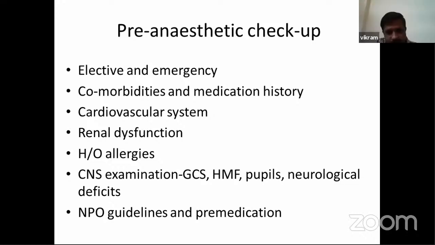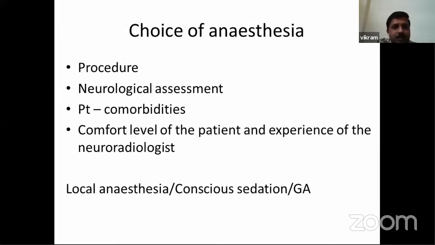For elective cases, follow the standard guidelines for premedication like any other cases; you can use proton pump inhibitors and anxiolytics, but be careful when using premedication in patients with altered sensorium. Coming to choice of anesthesia, various factors need to be considered before you decide on the type of anesthesia.